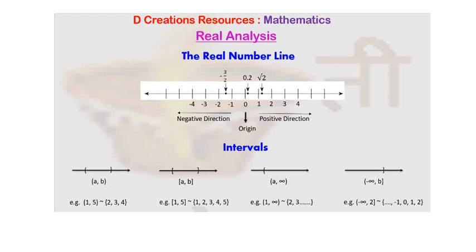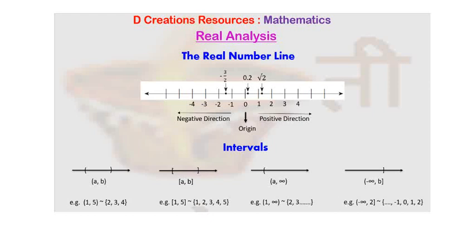The most important point to note here is that 1 and 5 are included, and all the real numbers lying between them are also included. So a closed interval contains both of its endpoints. If you want to represent it by an inequality, you can say that A ≤ X ≤ B is the closed interval.